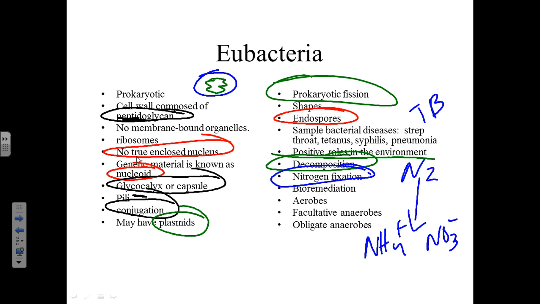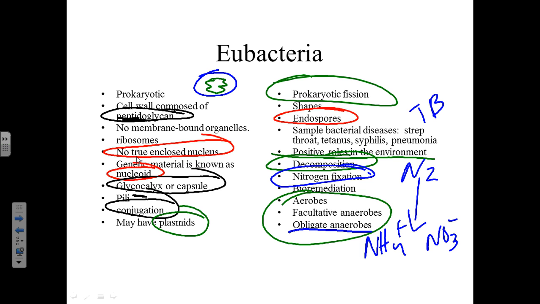And then the last thing we talked about with the bacteria were these terms here. If a bacterium is an aerobe, that means it's what? It uses oxygen to do cell respiration and therefore make ATP, like us. Some bacteria are the opposite of that.